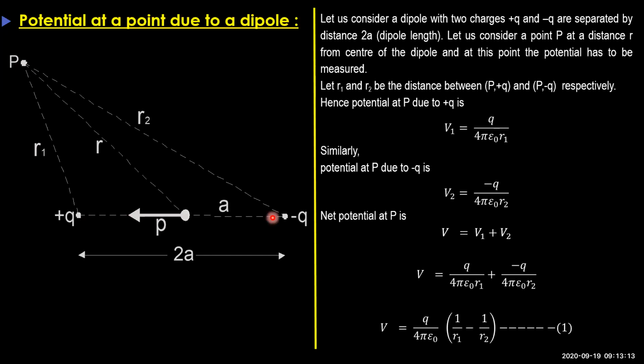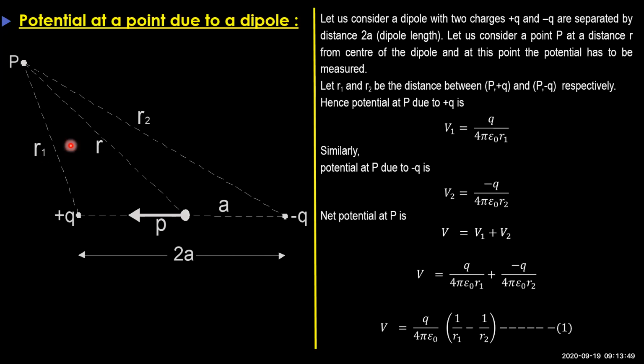due to the dipole. Let us consider a dipole which is having two equal and opposite charges separated by a distance of 2a. Now, at a distance of r from the center of the dipole, there is a point P. At this point P, we have to calculate the potential due to the two charges, one positive charge and another negative charge.